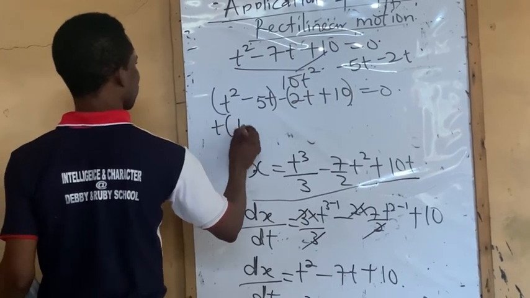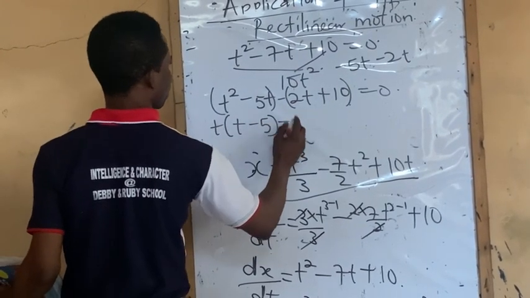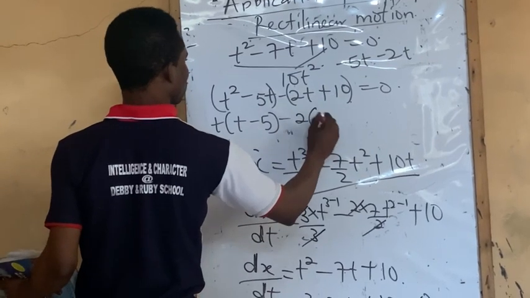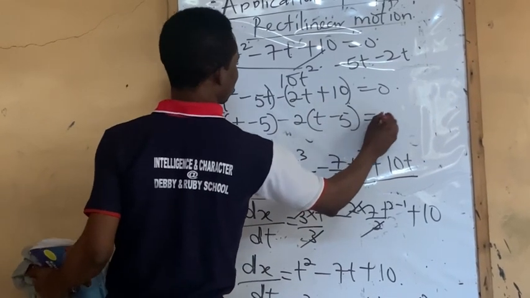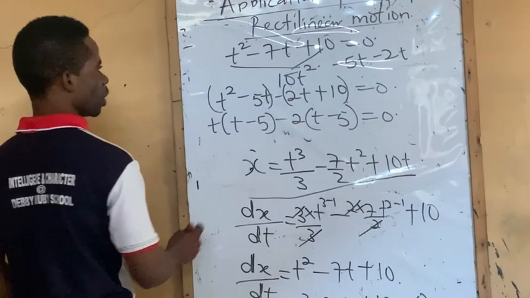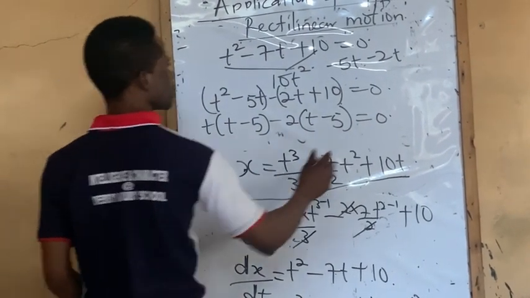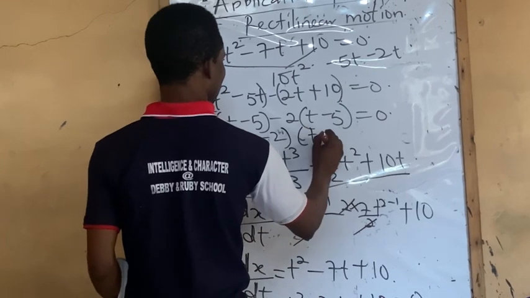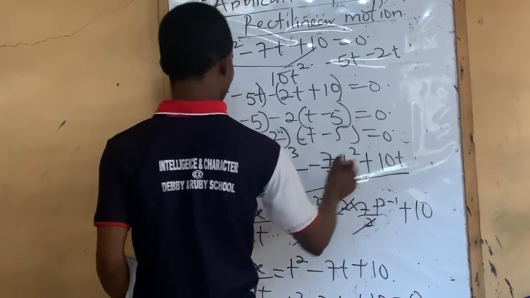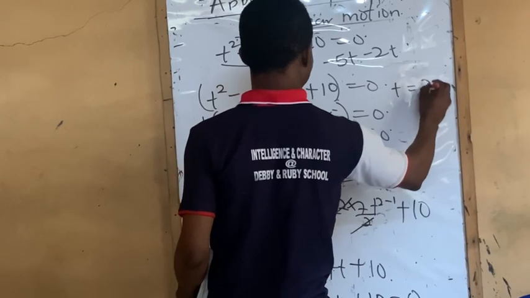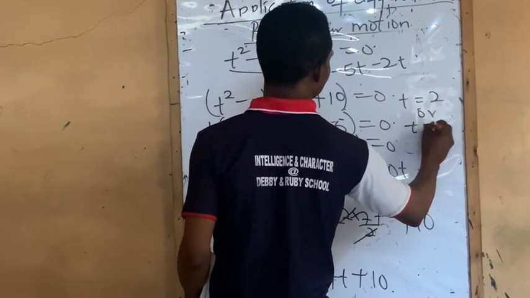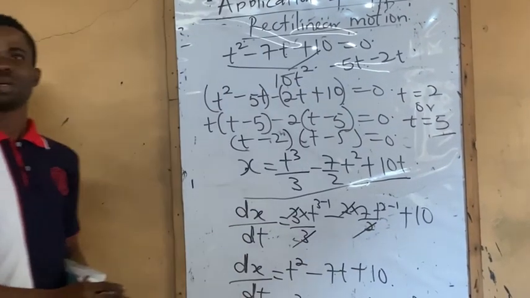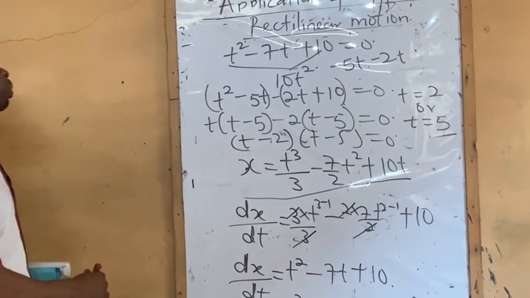Now t open bracket t minus 5, minus what is common here, 2, t minus 5 equals 0. So definitely we have t minus 2 and t minus 5 equals 0, so t equals 2 or t equals 5. We factorize it, that's what we are going to have.